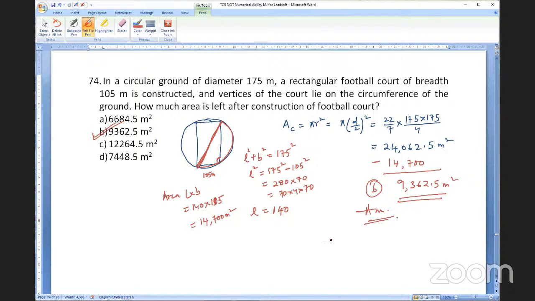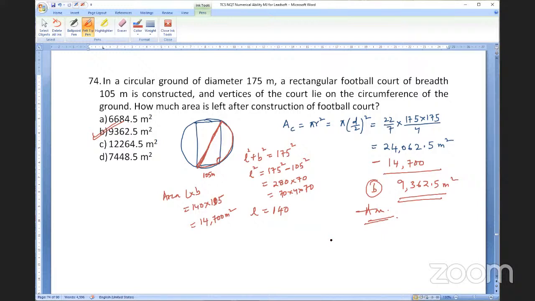How many of you are landing up getting option A? I don't understand. You need to understand that the length of the football ground is not 175. That is the diameter of the circular ground. Diameter of the circular ground will be the length of the diagonal of the rectangular ground which we are looking at.